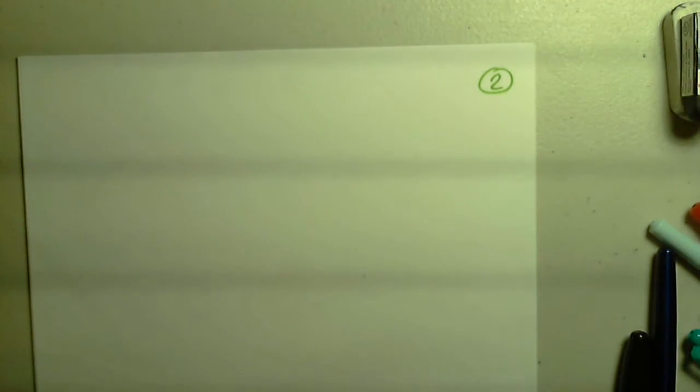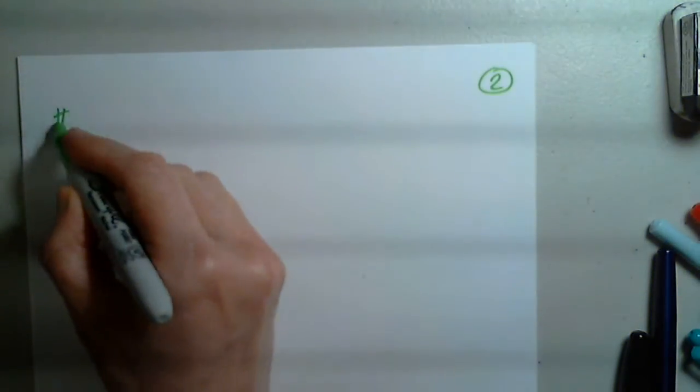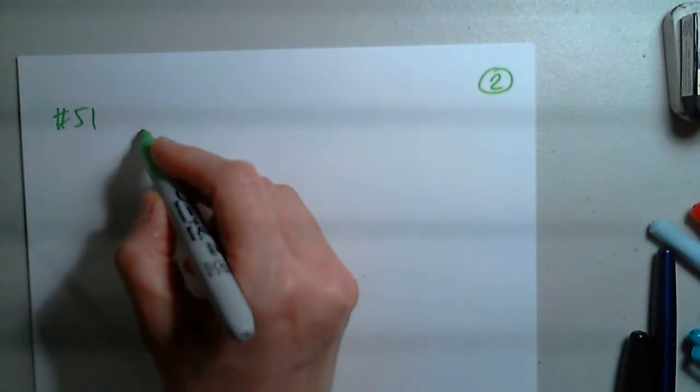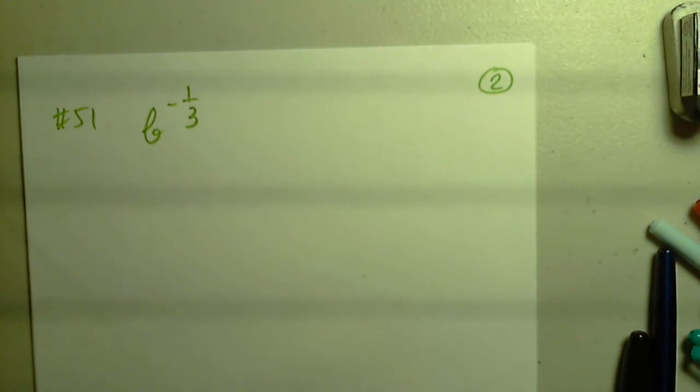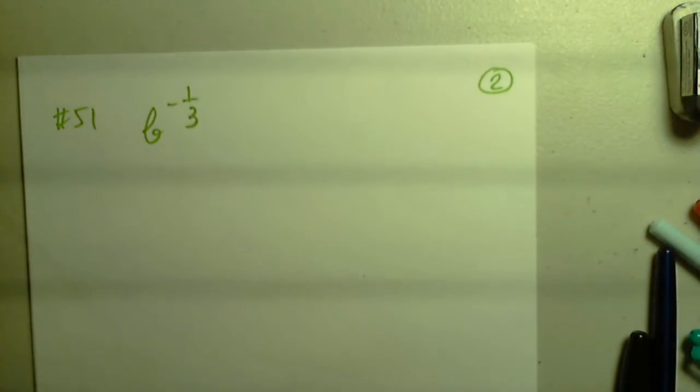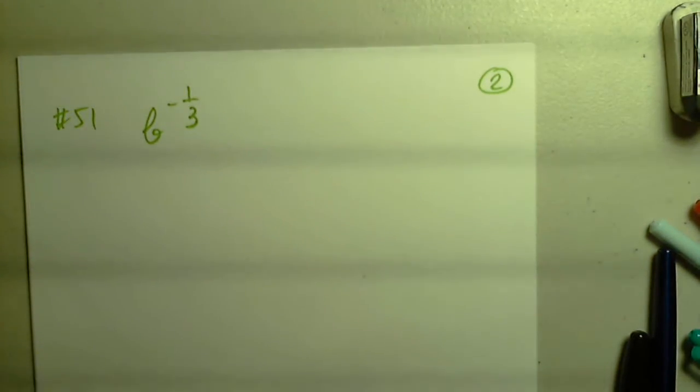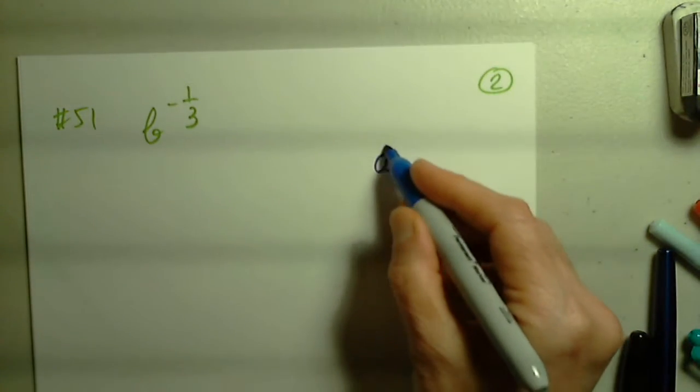Okay, so for example, in 51, we are asked to change this into a radical notation. Let's say 51. And 51 is b to -1/3. So can anyone remind us what is a to -n?